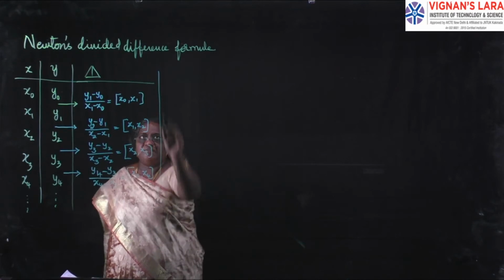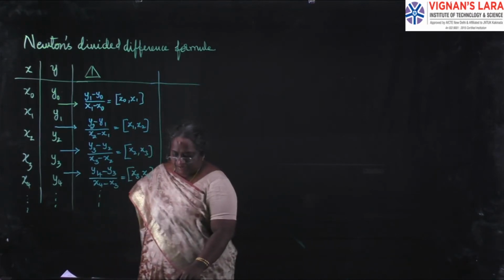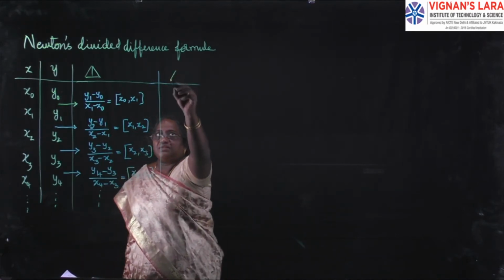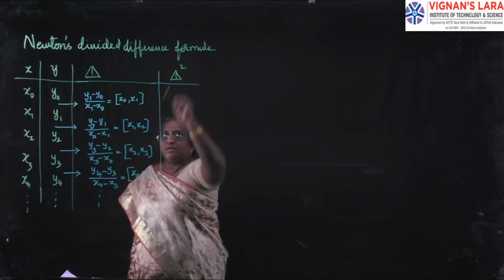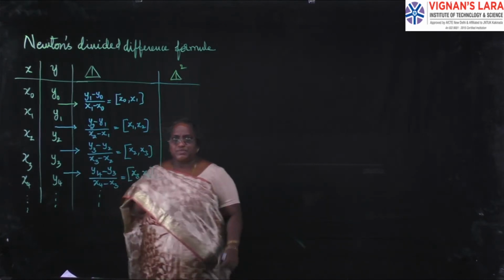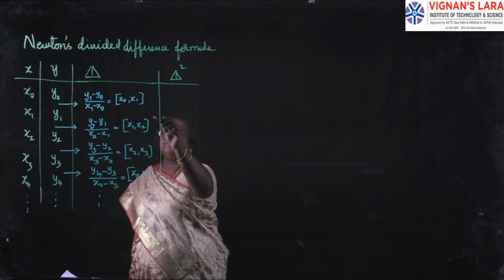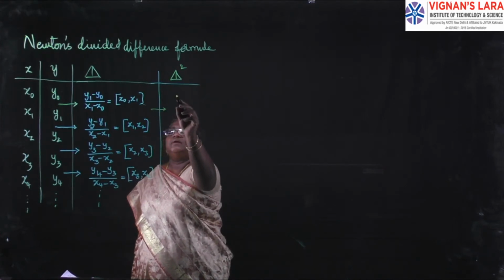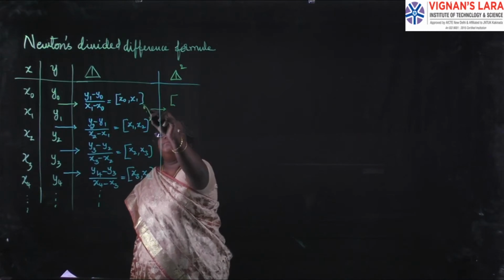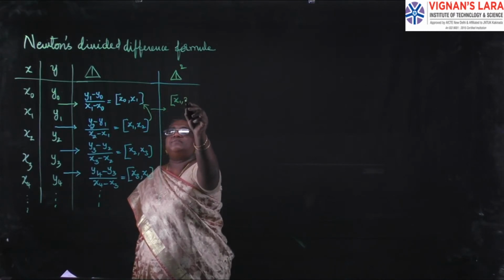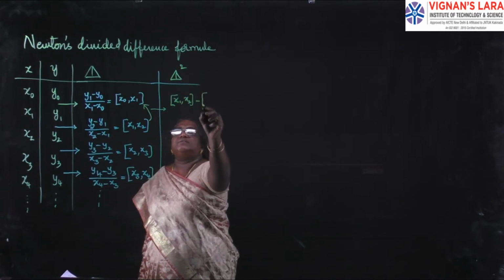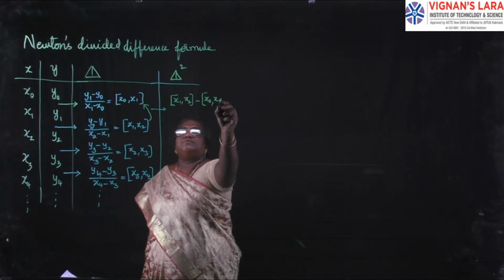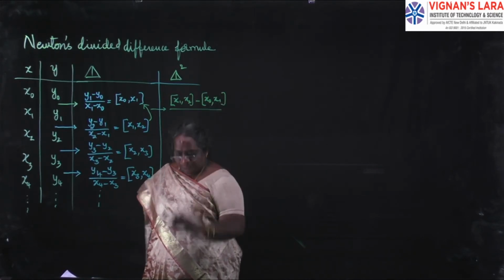Next, the second divided difference, which we indicate with del square. The second divided difference is between these two, so we write it in the center as the first divided difference between x1, x2 minus the first divided difference between x0, x1, by, see now how we write.